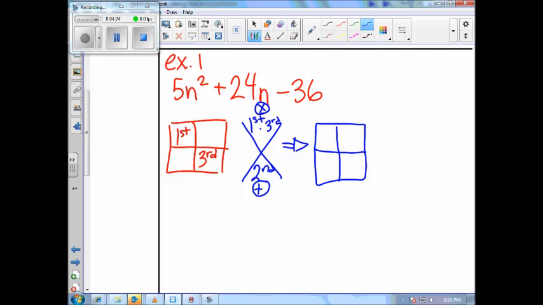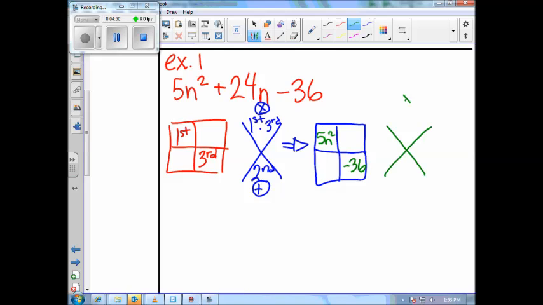Okay, the first term's going to go in this top left corner. Okay, what goes in this top left corner? 5n squared. And then the third term goes in the bottom right. So, Jared, what goes in the bottom right? Thanks for saying negative. It is negative 36. Okay, so this is the same so far.